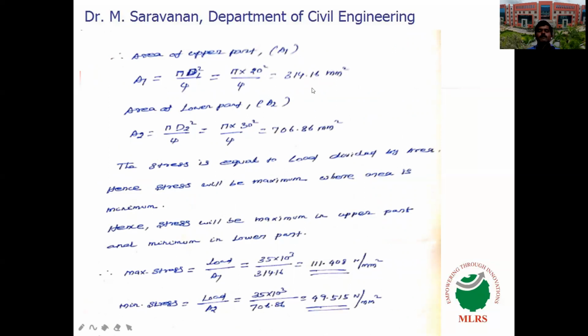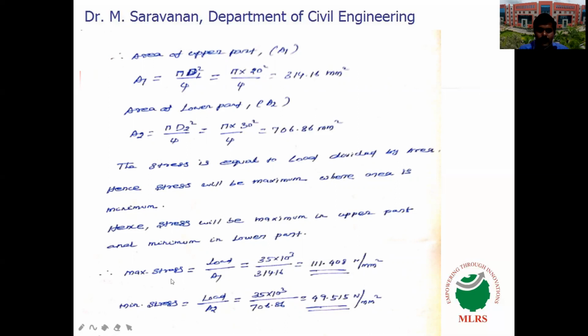So you will get the minimum area. The area of the lower part A2 is pi into 30 square by 4, you will get the maximum area. So for this minimum area, you will get the maximum stress. For this maximum area, you will get the minimum stress, right?